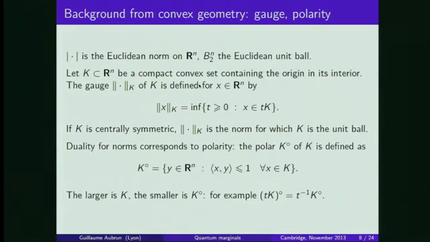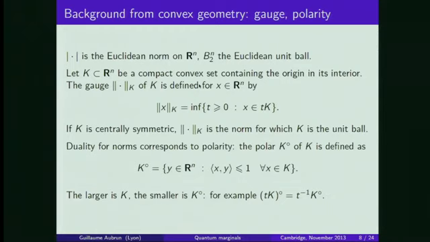The gauge of K at a point x is computed as follows. You look at all the dilated copies of K, and you look at the smallest one which contains x. So by which factor you have to enlarge K to contain x. And if K happens to be centrally symmetric, then this is a norm for which K is the unit ball. But typically, we'll consider non-centrally symmetric sets. So we will have this slightly extended notion.